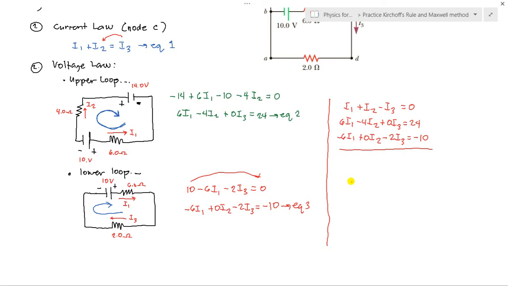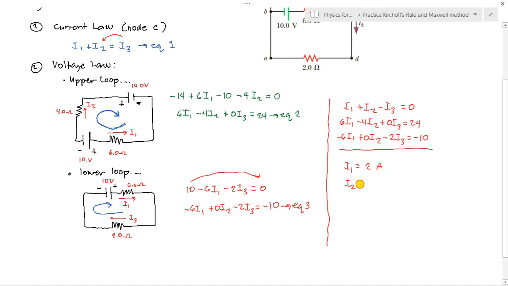So 1, 1, negative 1, then 0, then 6, negative 4, 0, then 24, then negative 6, then 0, then negative 2, then negative 10. So our I1 is equal to 2 amperes.